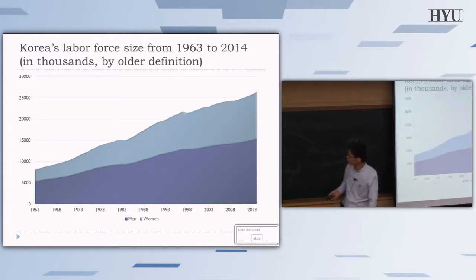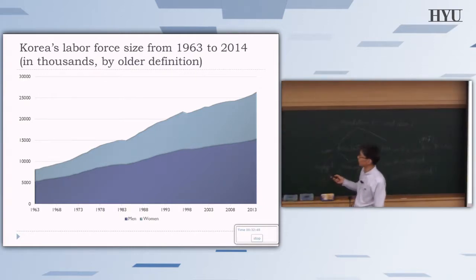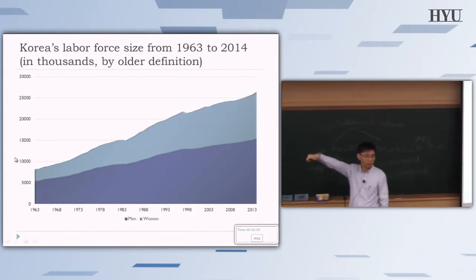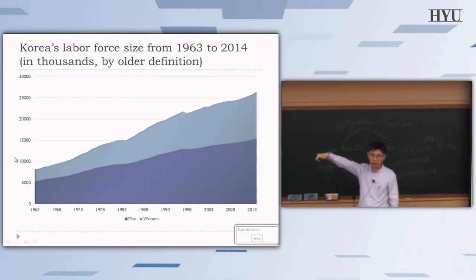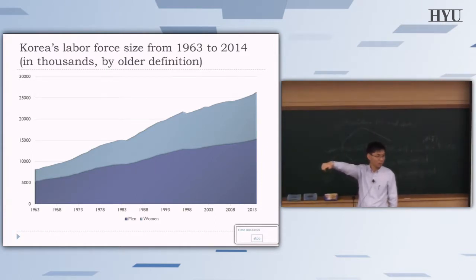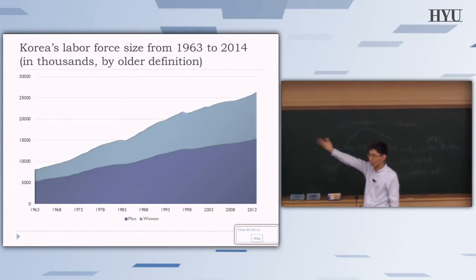Okay? So this labor force has increased for two reasons. It can increase for two reasons, right? One is what? One is which size should increase? For the LF to increase, it's either population size itself has increased. Okay, we have more people.